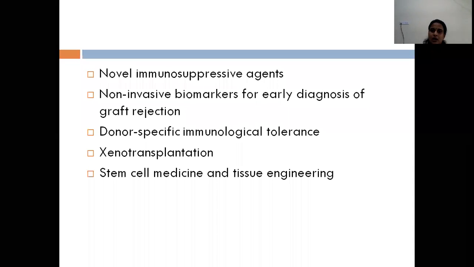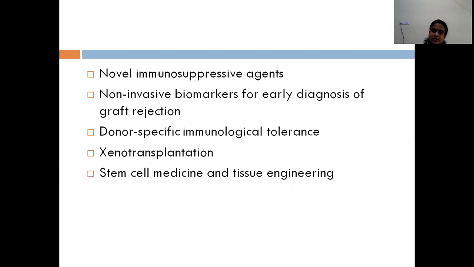Xenotransplantation and better outcomes with less graft rejections. This is our aim. I don't know how far we're going to achieve this aim. One important, potent, and very promising field is stem cell technology and tissue engineering. So all these might help with improved results post transplantation.